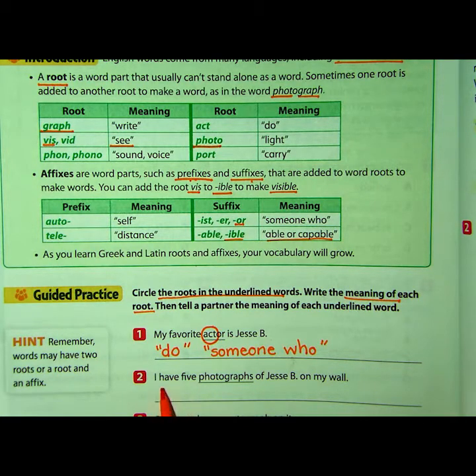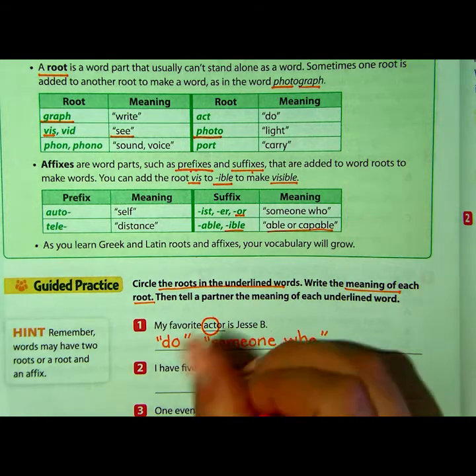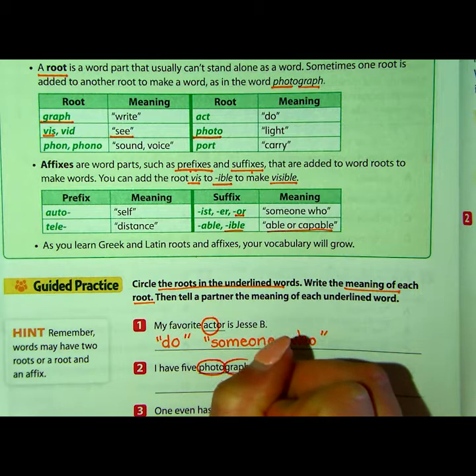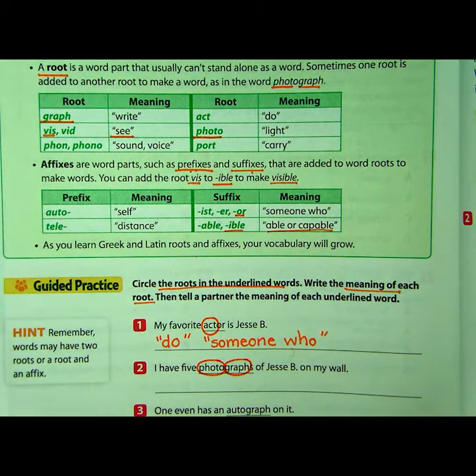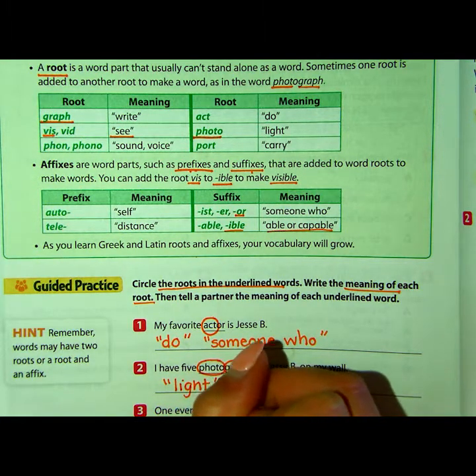I have 5 photographs of Jessie B on my wall. Well, we talked about that one just a moment ago. This word is actually broken into 2 different roots, and they are photo and graph. We learned earlier that photo means light and graph means write.